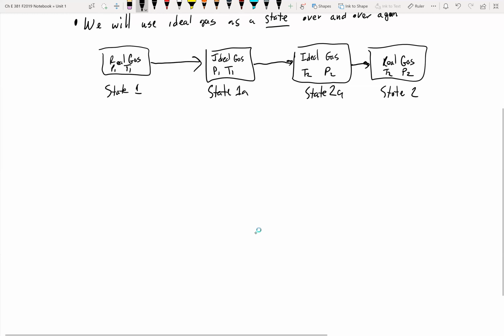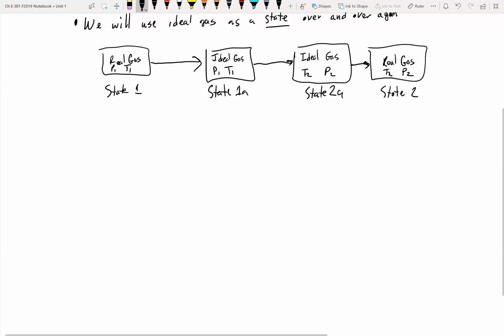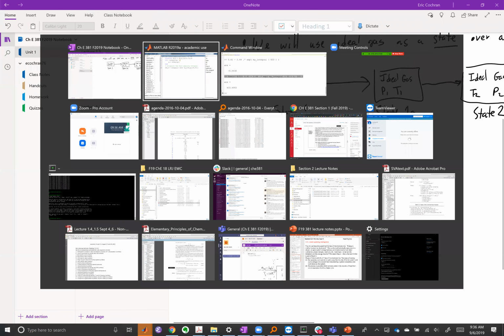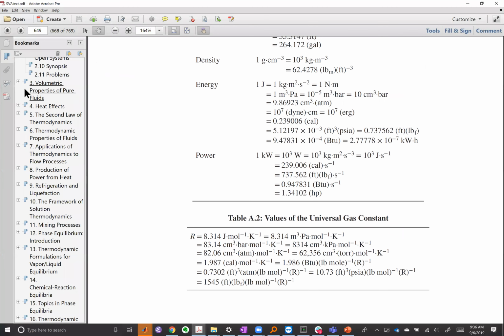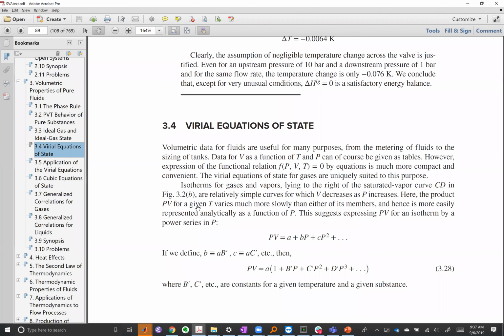And if we look in chapter 3, a lot of what chapter 3 talks about is various other equations of state. So if we go into chapter 3, we talk a little bit about virial equations of state.